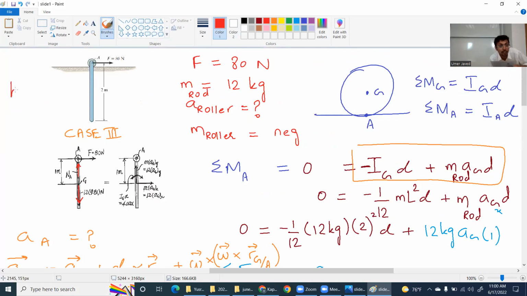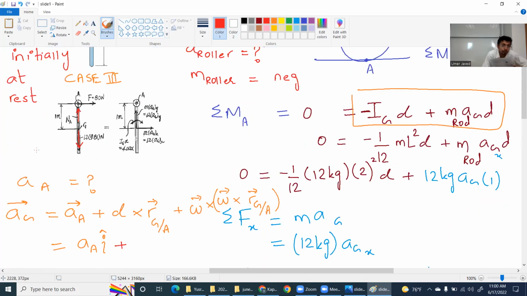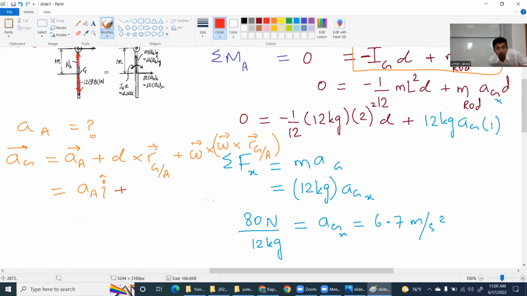If the bar is initially at rest, then omega will be 0 and I will be left with alpha cross r. So now alpha multiplied by the cross position of G with respect to A. The position of G with respect to A is negative j, right?